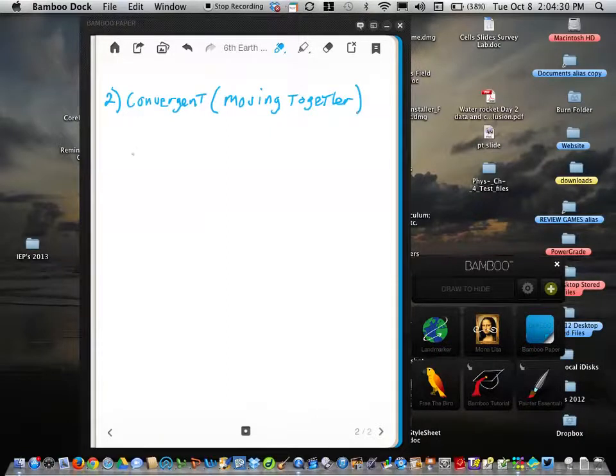And the first type here is where you have an ocean plate and a continental plate. Ocean and continent. And here's what it looks like.